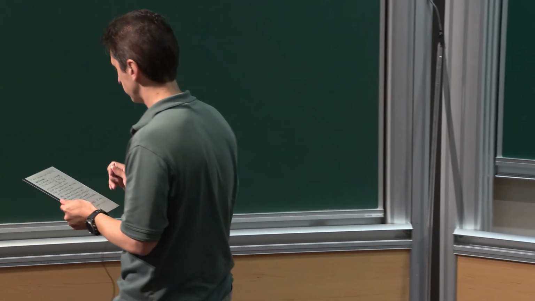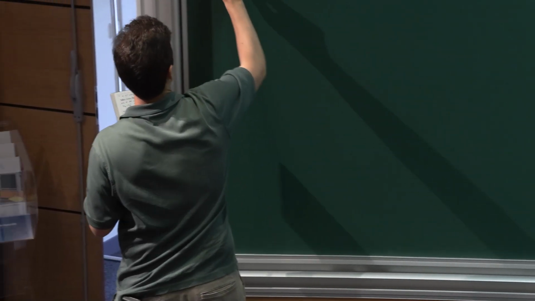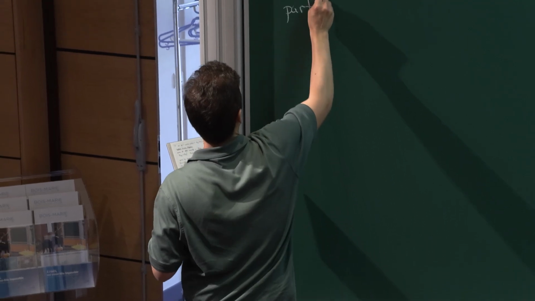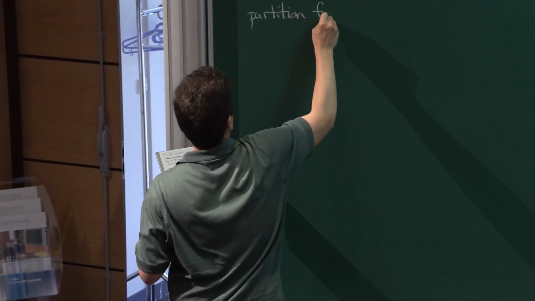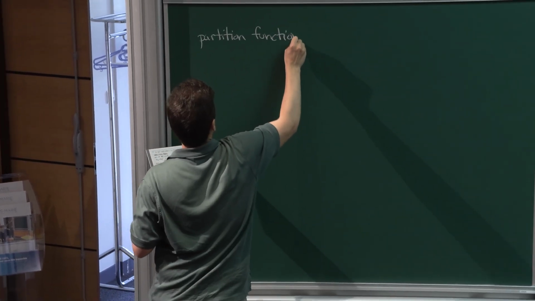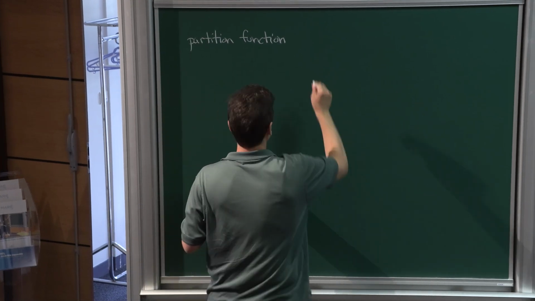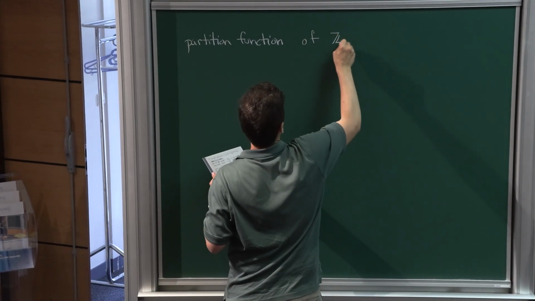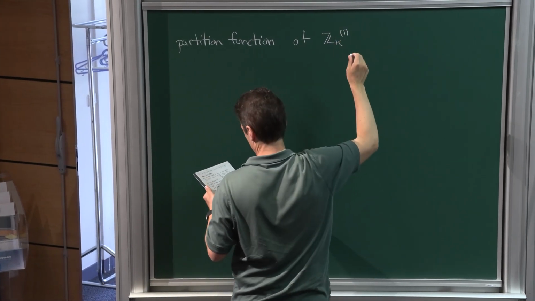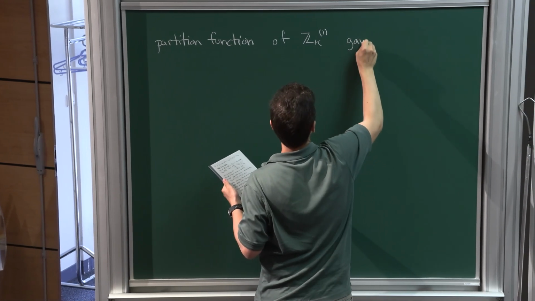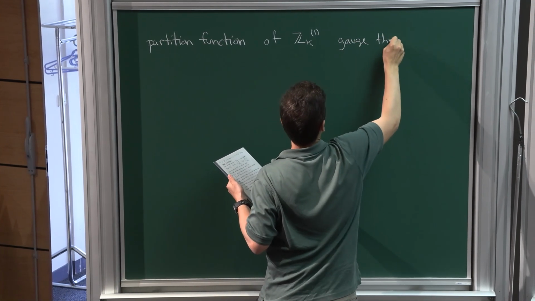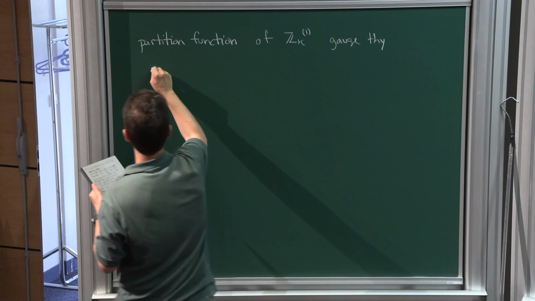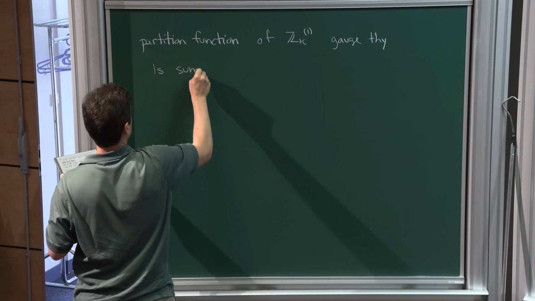Okay, so thanks for all the questions. The partition function of ZK one-form gauge theory is a sum over these betas.